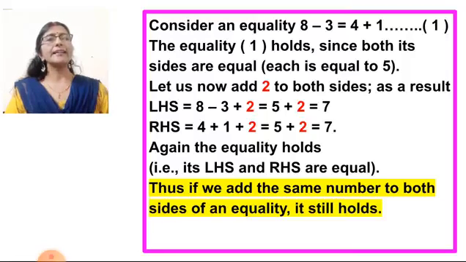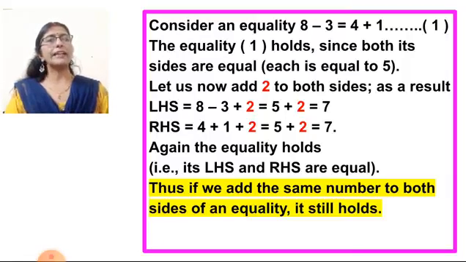Let us now add 2 to both the sides. As a result, LHS 8 minus 3 plus 2 will become 5 plus 2. And 5 plus 2 is 7. Same way on right hand side you see 4 plus 1 is there.